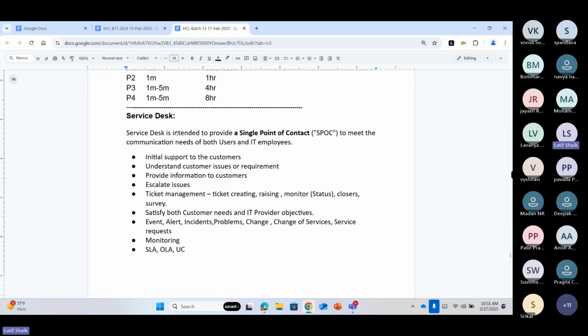The intention of this service desk is to provide a single point of contact for communication between clients, users or customers, whether internal or external, and IT employees, meaning the people who are going to give the solution or support to these customers. So it is like a platform, a single point of contact.